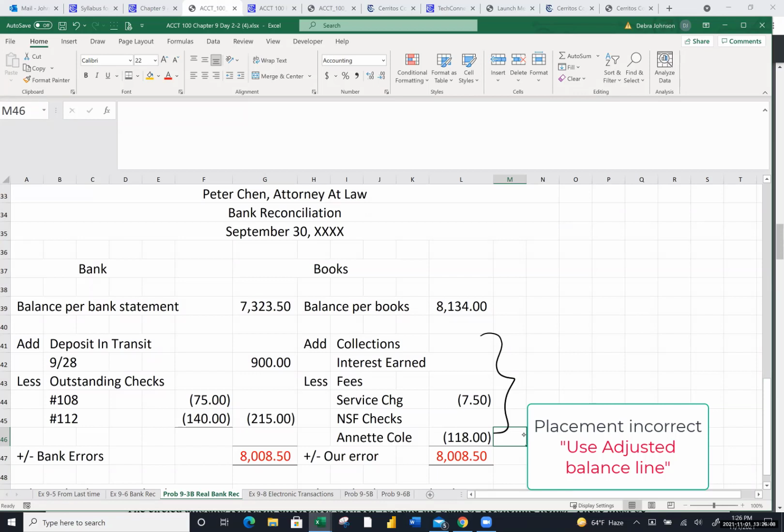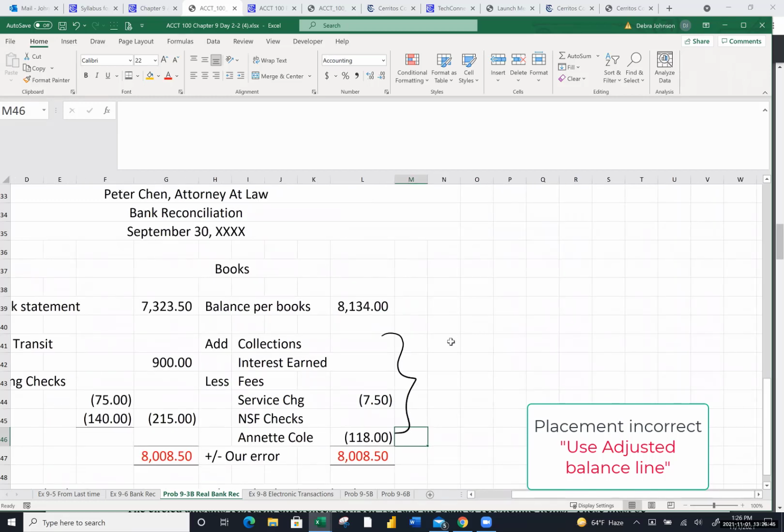It said something like, the journal entry for an outstanding check would include, and then A would say debit to cash, B would say credit to cash, C would say we can't tell, and D might say none of the above. Okay, the answer to that: anything on the bank side is the bank's problem. There is no journal entry for an outstanding check because it shows up on the bank side. And in time, those things will clear on their own. So we only journalize for things that show up on the book side.